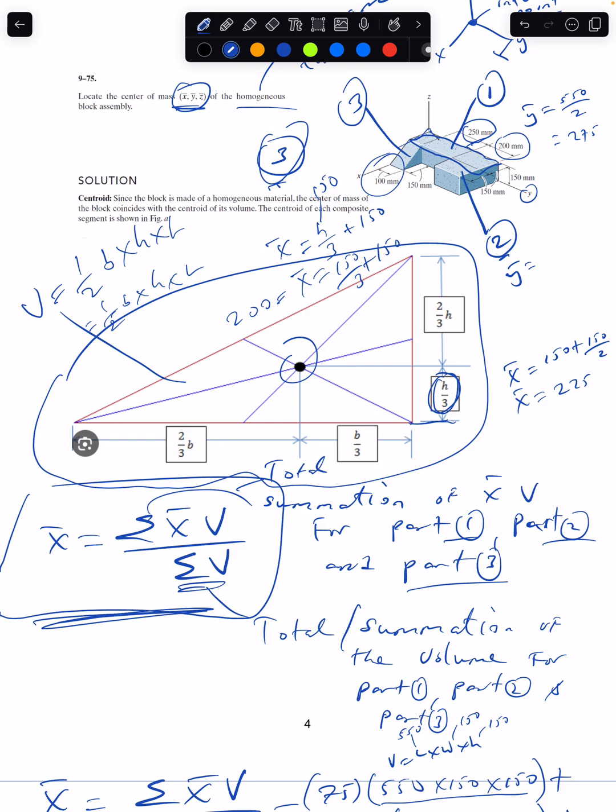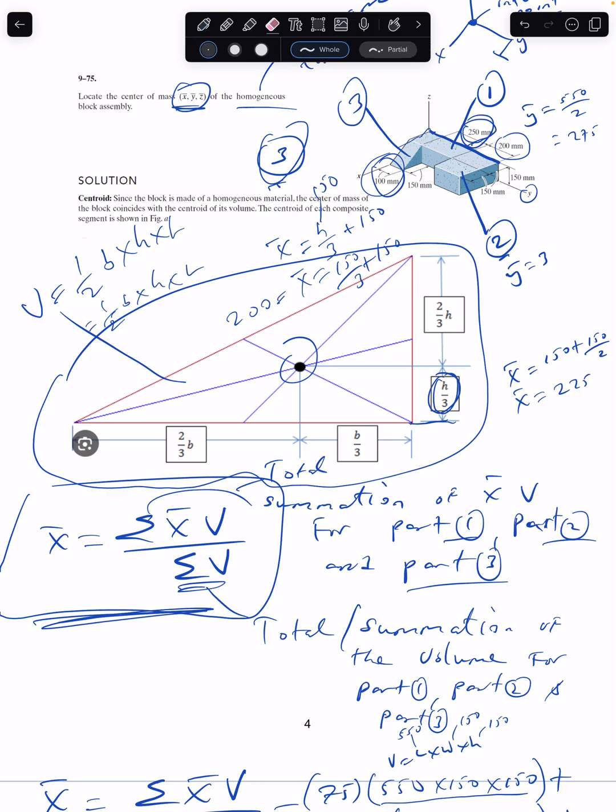And remember, for the y bar, we have a reference distance. But then we are measuring on the y-axis, in this direction. And therefore, we have 100 plus 250. That gives us 350.